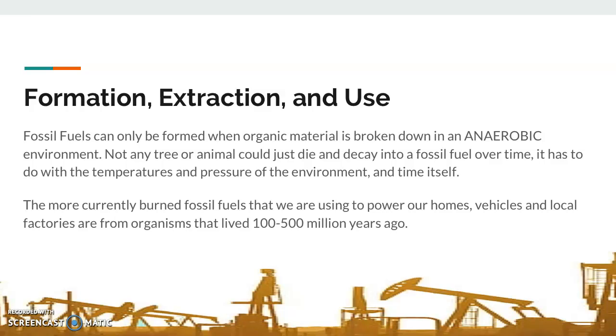Not any tree or animal could just die and decay into a fossil fuel over time. It has to do with the temperatures and pressure of the environment and time itself. So how long? It takes millions of years usually for these organisms to decay. The fossil fuels we are currently burning to power our homes, vehicles, and local factories are from organisms that lived 100 to 500 million years ago, just to give you an idea.